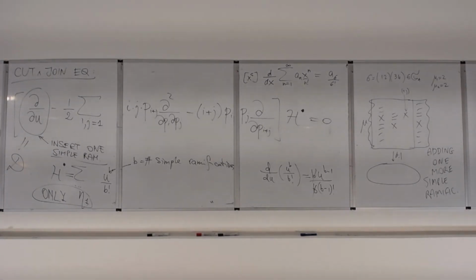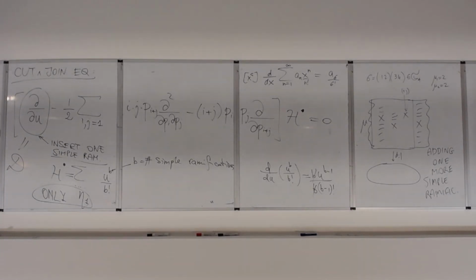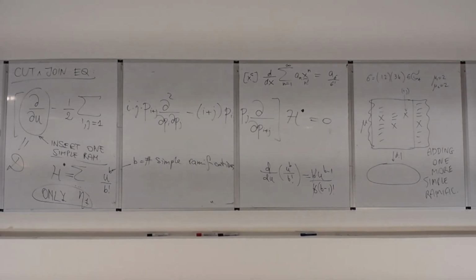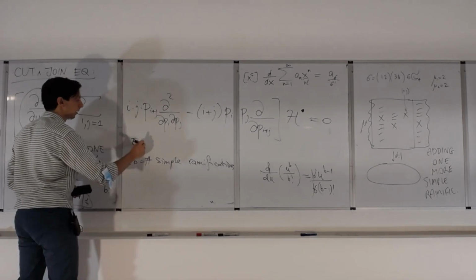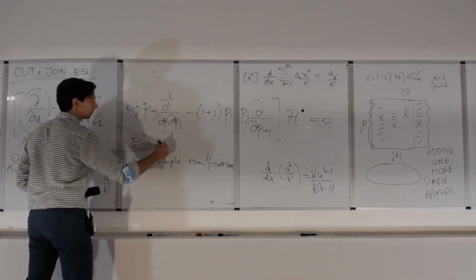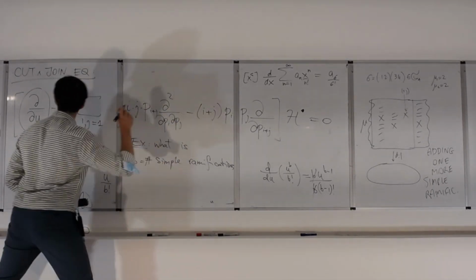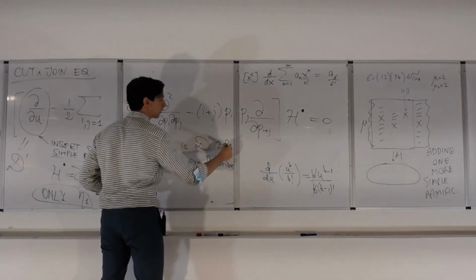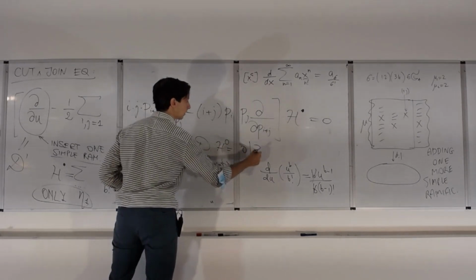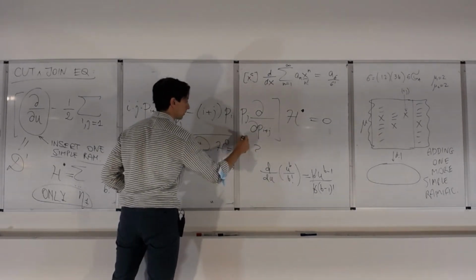Okay, so this is a cut and join equation. Now one of the exercises could be, if this was d prime, what is d applied to age 0 going to 0 and equal to 0?